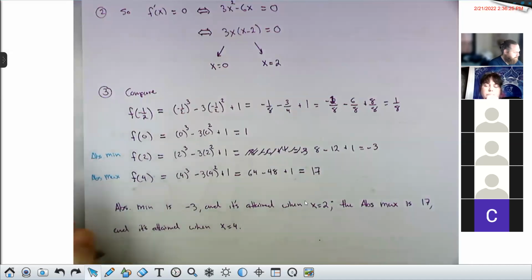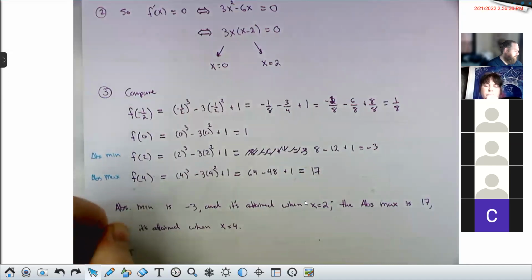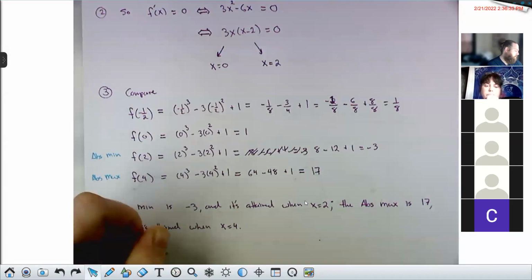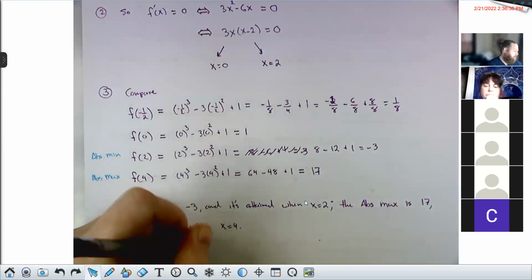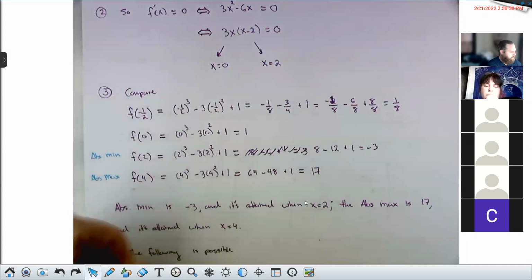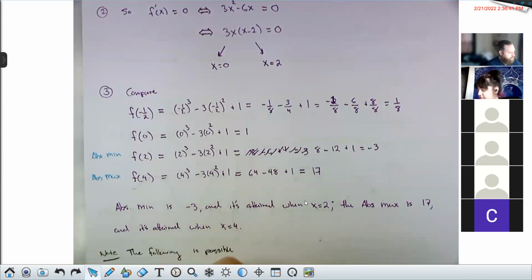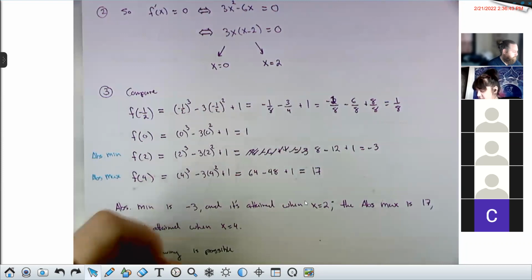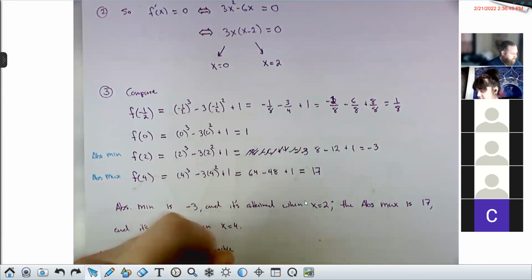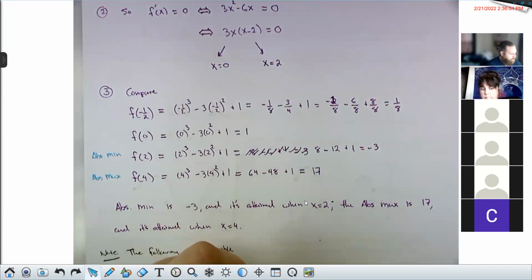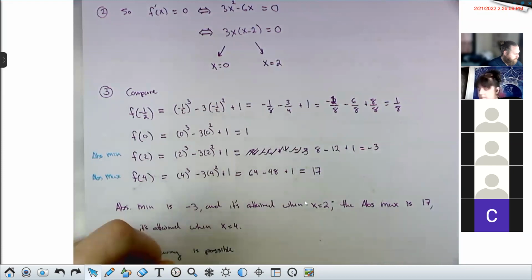So I like this comment enough that we can add it to the notes here. Let's say note, the following is possible. So I could have some function that does something like this.